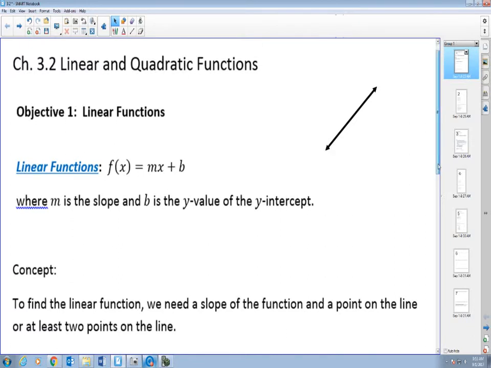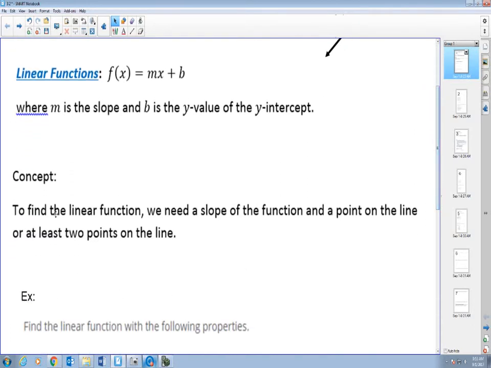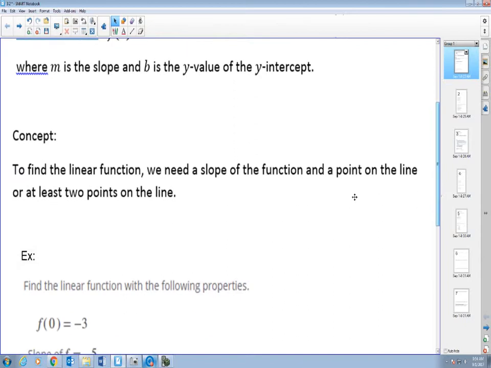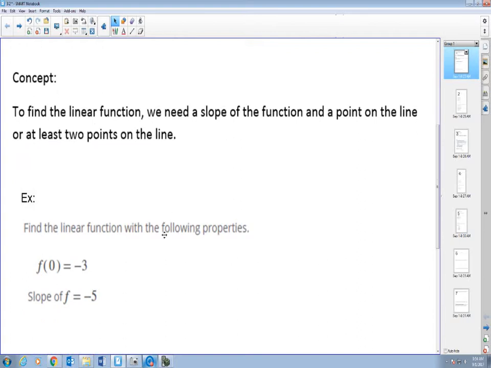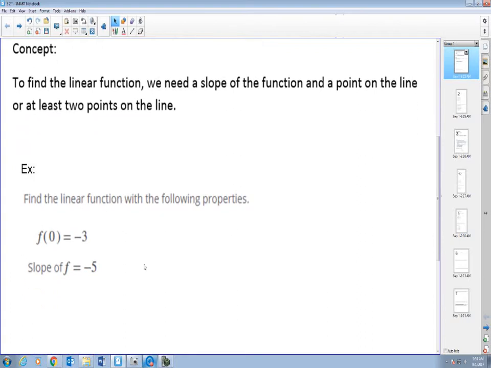So what we want to do here is be able to find our linear function. Okay, so to do so, we will need the slope of the function and a point on the line, or to find the linear function, all we need is at least 2 points on the line. So for example, we're trying to find the linear function.